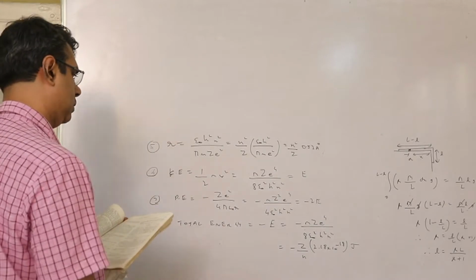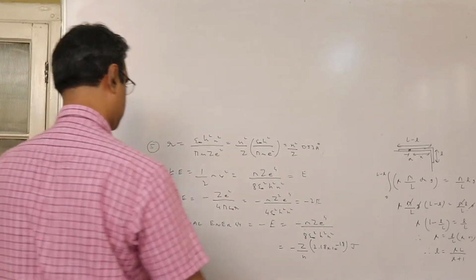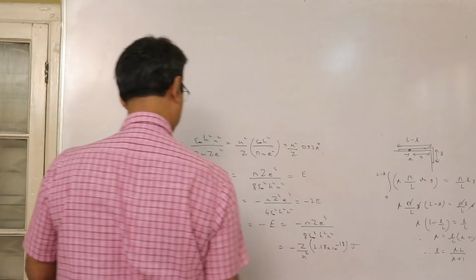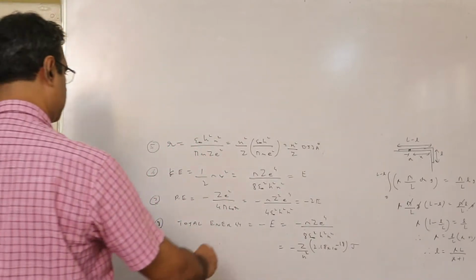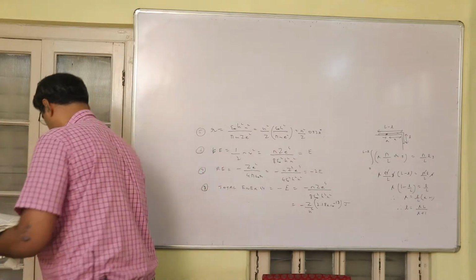After putting the values, minus Z square by n square into 2.18 into 10 to the power minus 18 joules. So this is the expression for total energy.